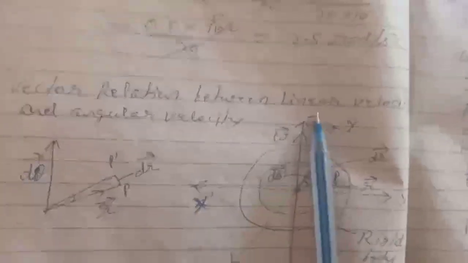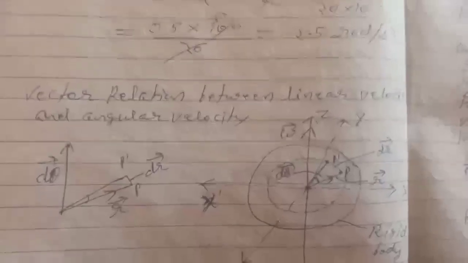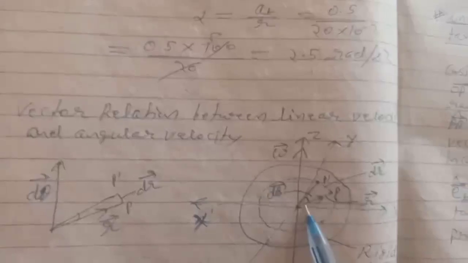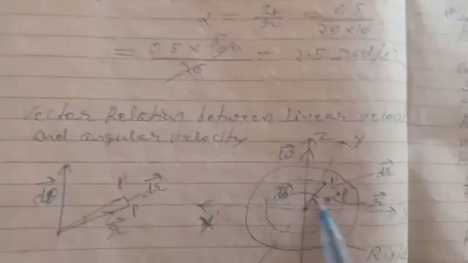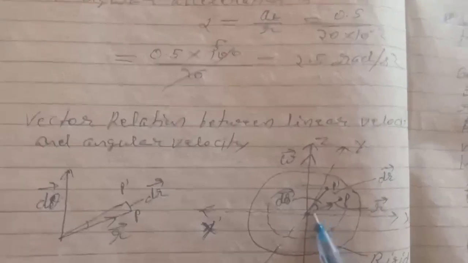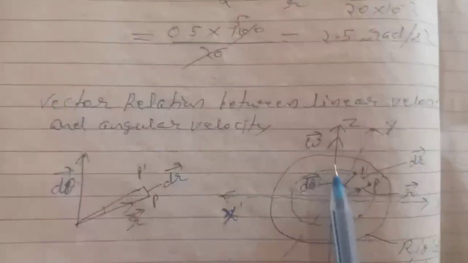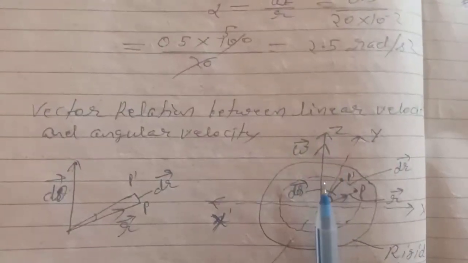Vector's relation between linear velocity and angular velocity. When a body moves on a circular path, then the angle traversed during the given time interval, that is d theta, direction is along the axis of rotation.